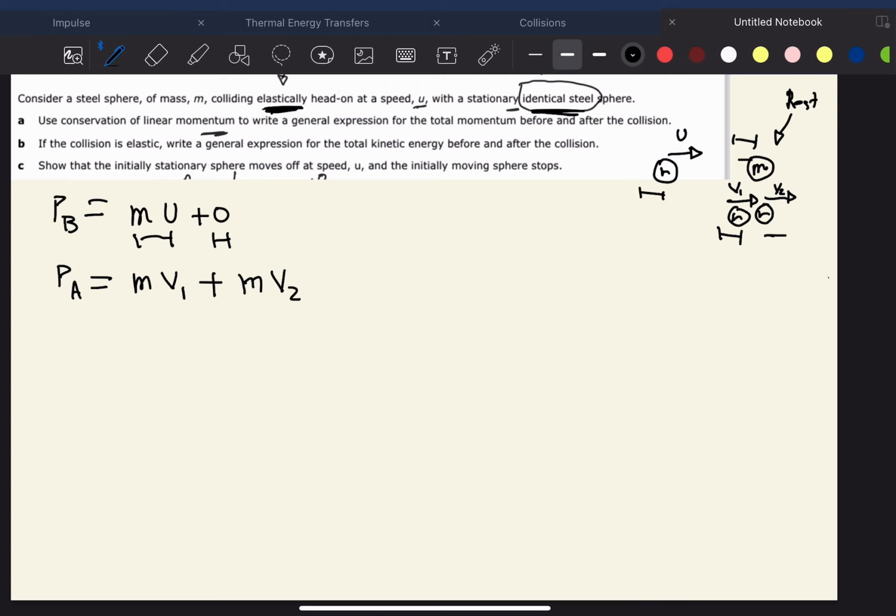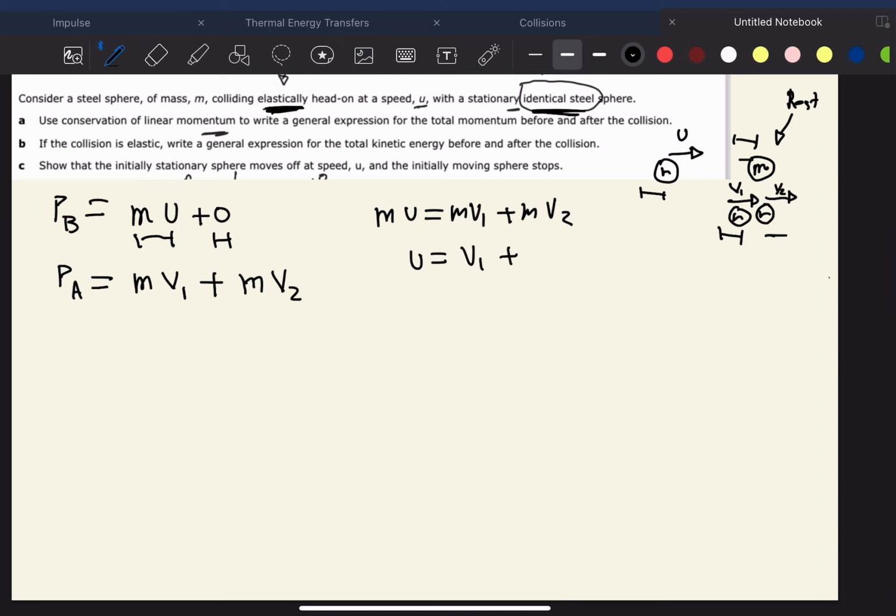At this moment, it's not sure yet. Now, using conservation of linear momentum, I have that mu is the same as mv1 plus mv2. From here, I can cancel m and get u equals v1 plus v2. So the answer is this one, but this will be helpful for letter C. Let us call this equation A.